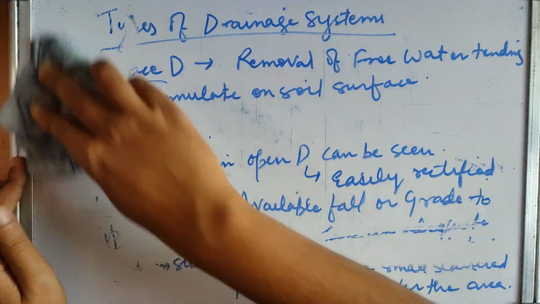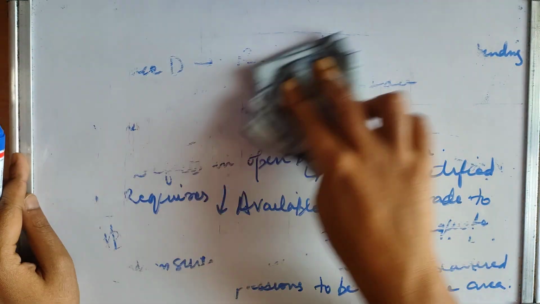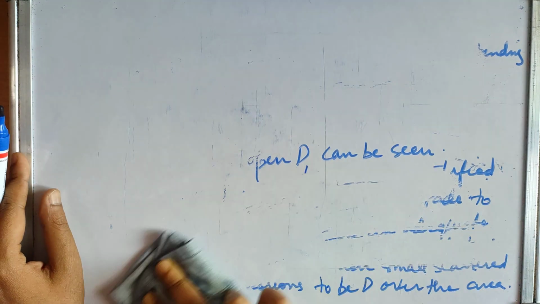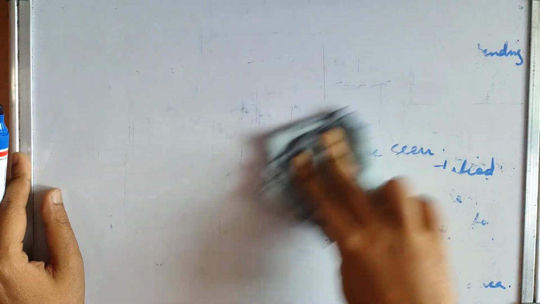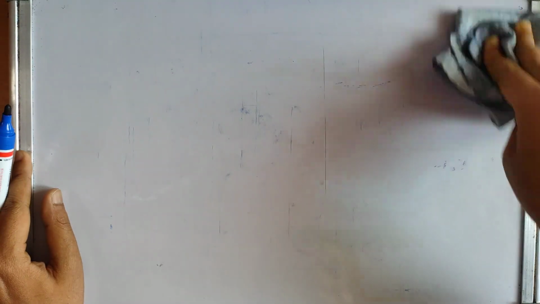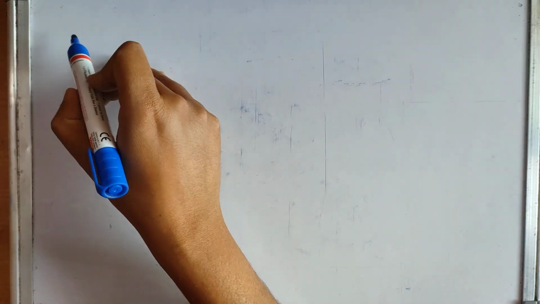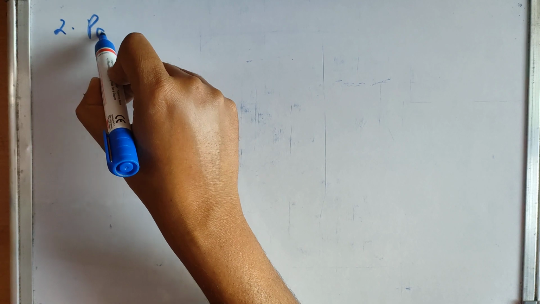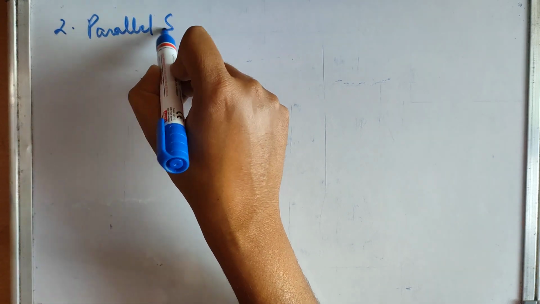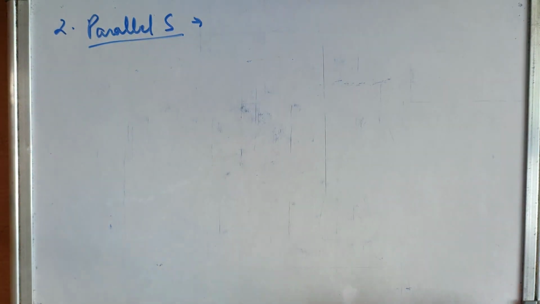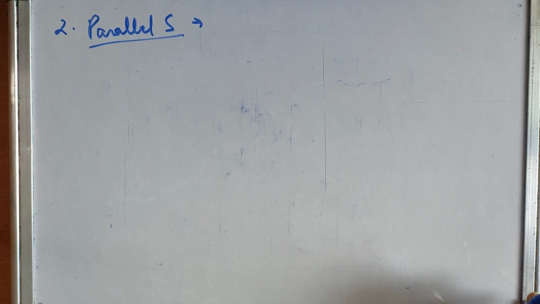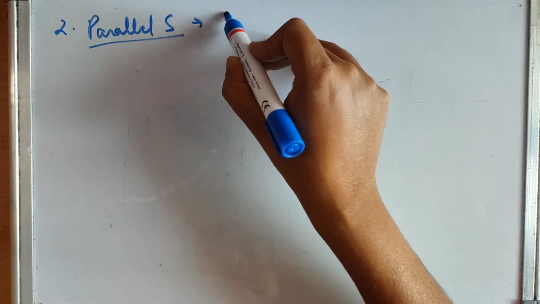Now moving on to the second system, that is the parallel system. It is also known as the field ditch system.